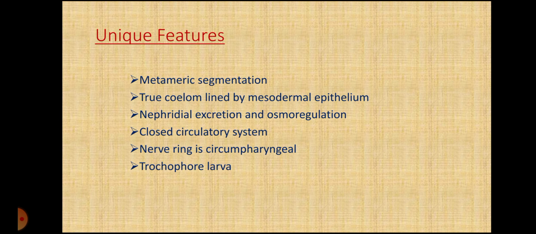Then we talk about the advancement of the annelid over the nematode. First, there is the metameric segmentation, which is an advancement over the nematode. The second is the head, appendages, and respiratory organs, like the gills, present in annelids. The next is the true coelom lined by mesodermal epithelium.